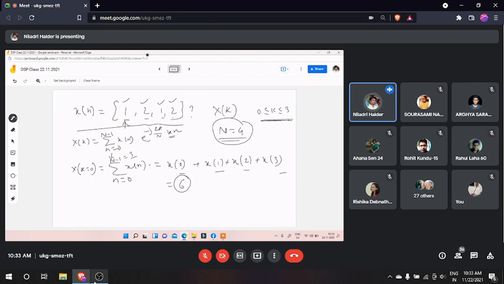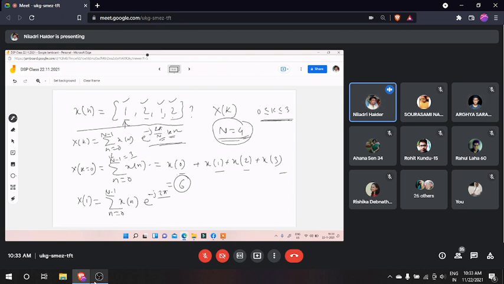Similarly, when you are trying to calculate X 1, you have to replace k equal to 1. So in that expression, you have to replace k equal to 1. So n equal to 0 to N minus 1 will remain as it is initially. x n e to the power minus j 2 pi by, what is the value of capital N? 4.